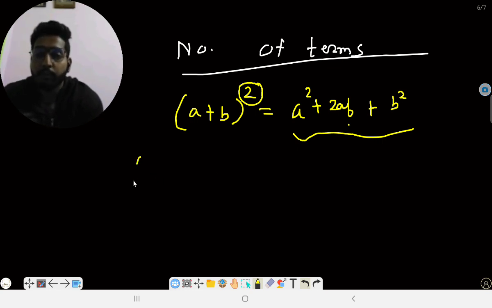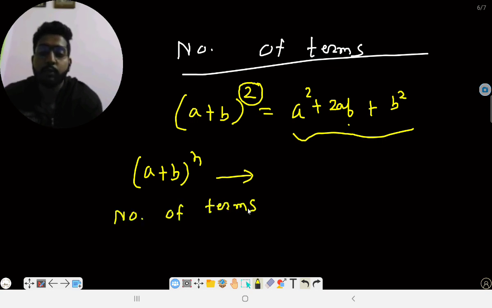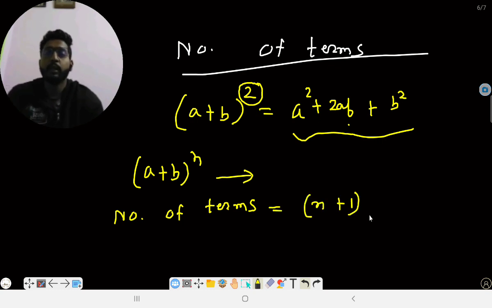That means whatever the power, we are getting one more extra term. That means if (a plus b) whole to the power n is there, then we can say the number of terms will be n plus 1. So this is the formula. If it is a binomial, the highest power is n, so the number of terms will be n plus 1.